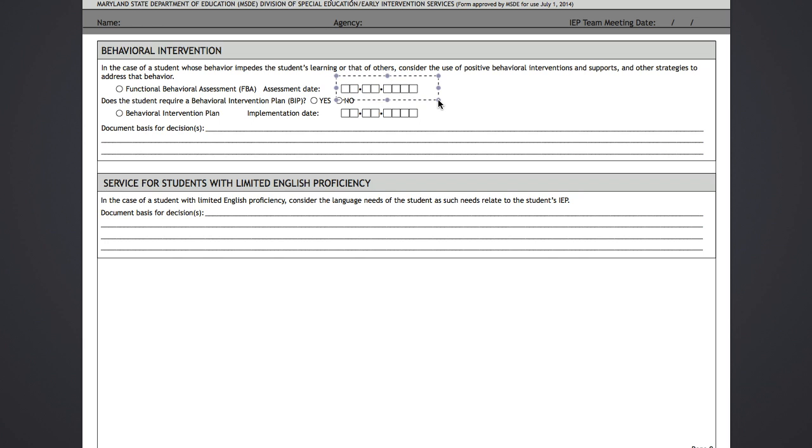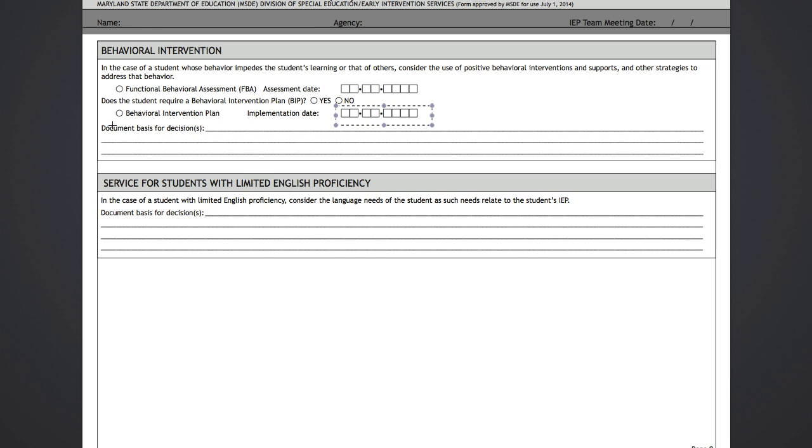of the FBA will be contained in this first box, and then the date for the behavior intervention plan, or the date when the behavior intervention plan was implemented, would be listed directly below. And typically, if you revise the behavior intervention plan, then you would revise the date that's listed here as well.